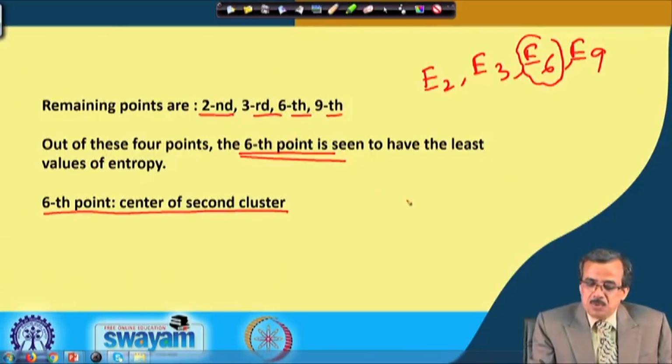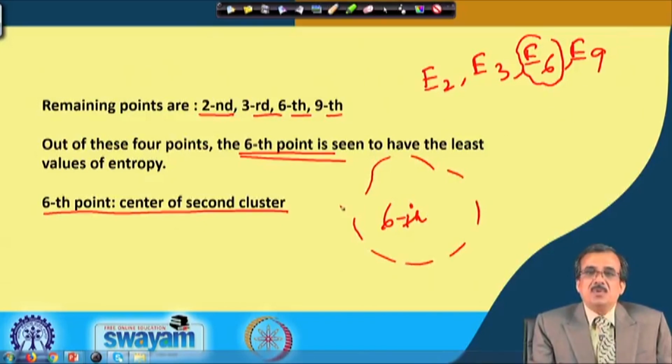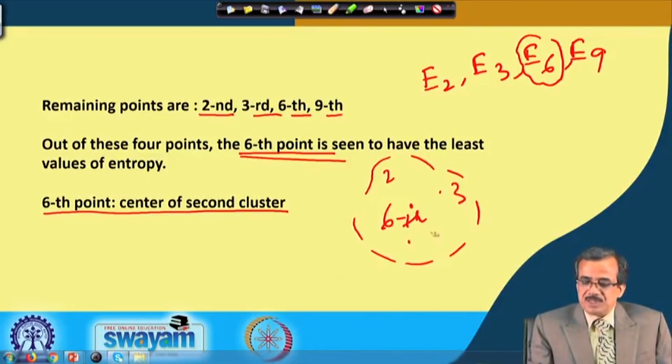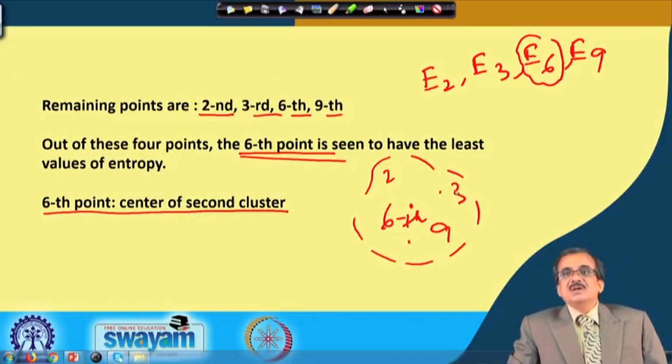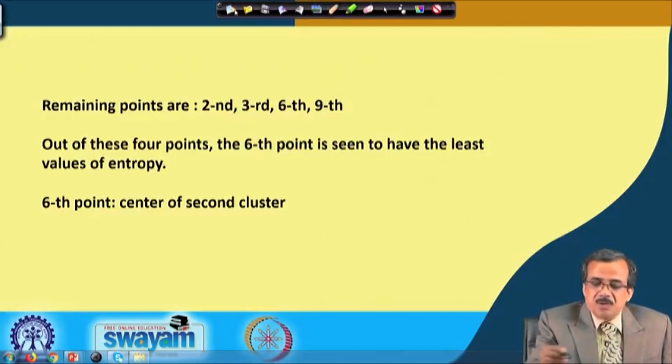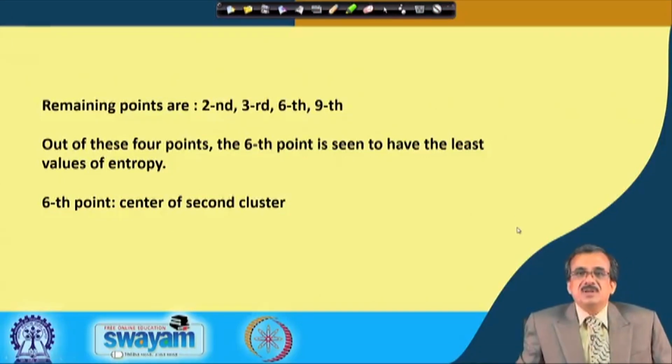So, we consider at the center the sixth point, and surrounding that we have the second point, then the third point, then the ninth point in this particular cluster. Now, till now actually whatever we have discussed.